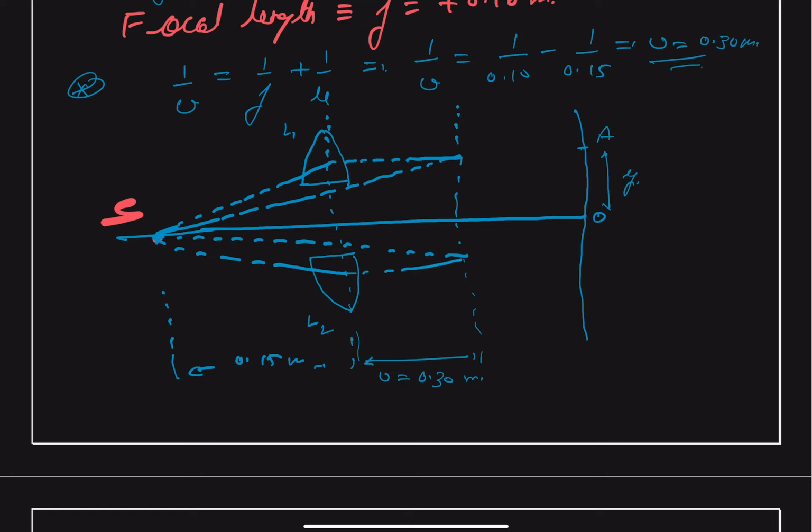Here we are going to have, let us call the upper one as S1 and the lower one as S2. So this is our L2 and this is our L1. Now from the figure you can see the single coherent source is now converted into two sources, S1 as well as S2.